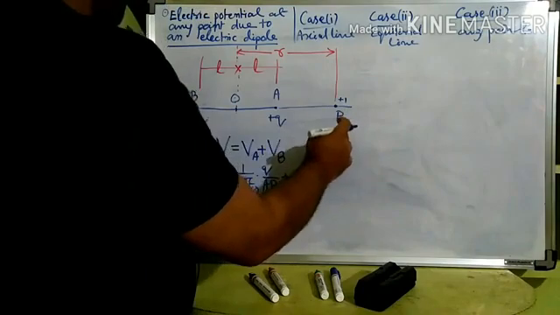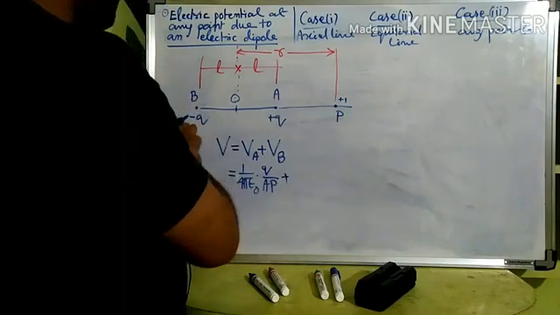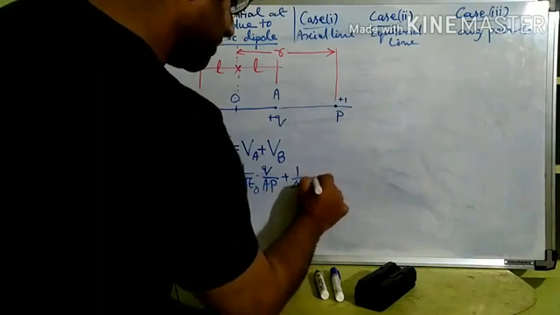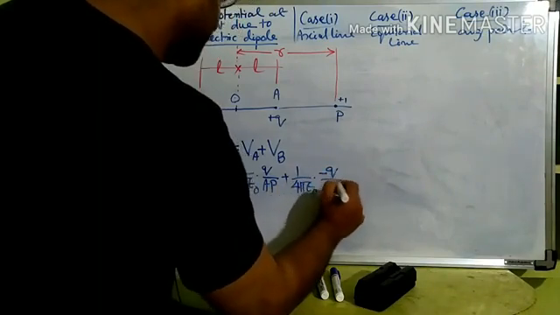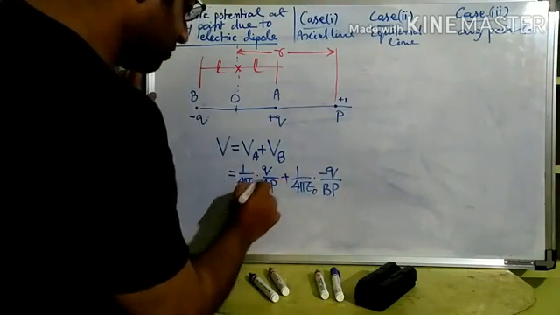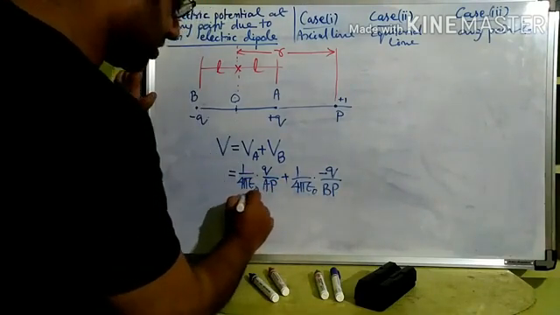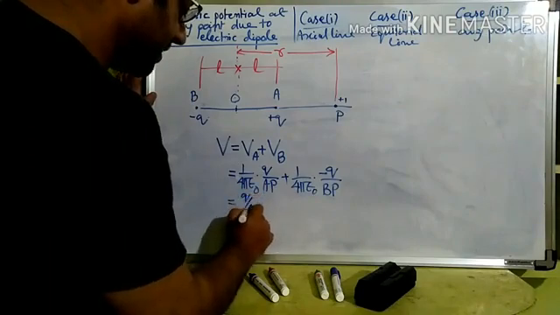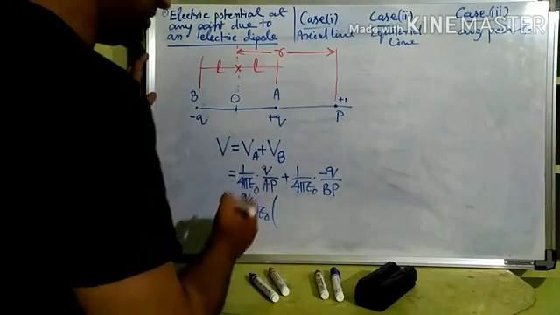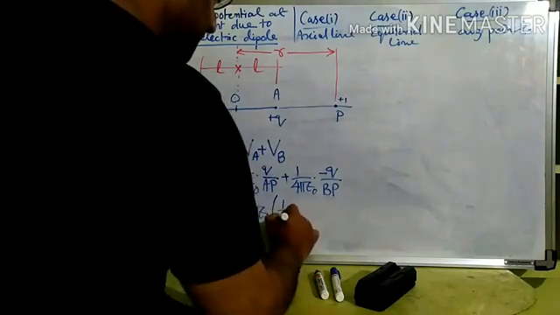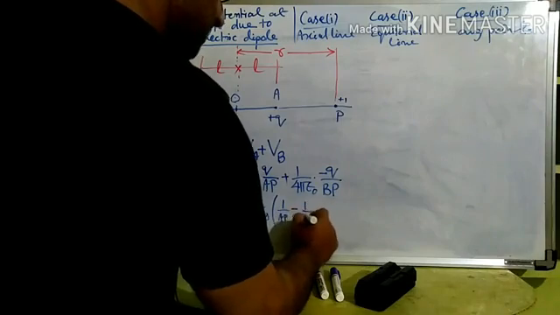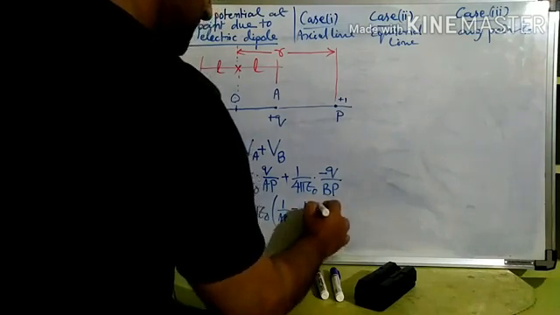Plus for B, it is minus q, so 1 by 4 pi epsilon naught times minus q divided by BP. Now this minus will come here, and q by 4 pi epsilon naught is common to both. So take out q by 4 pi epsilon naught common, and it is 1 by AP minus 1 by BP.